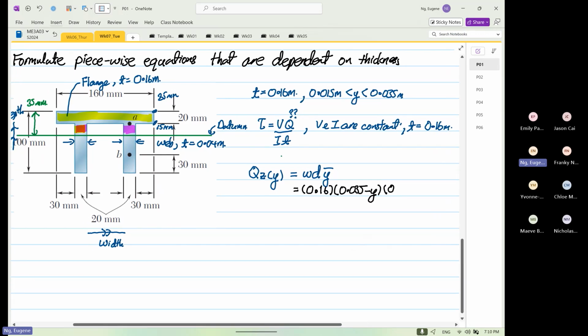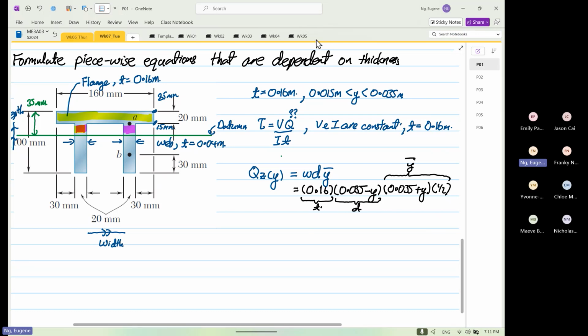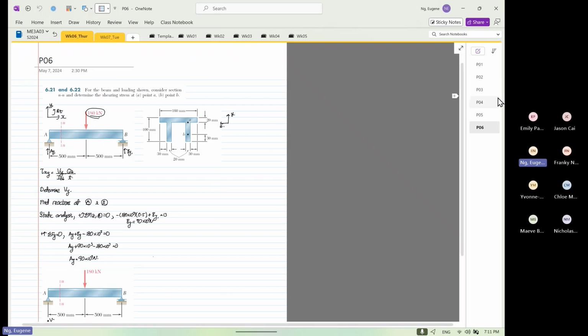And then multiply by 0.035 plus y and multiply by half. So this over here is your y bar. This term over here is your depth, and this term over here is your what? Thickness. And you've seen this before. I think we derived this on, is it Thursday?